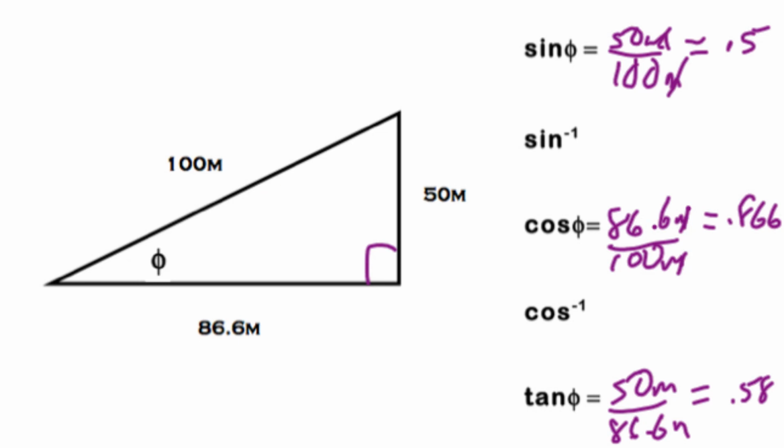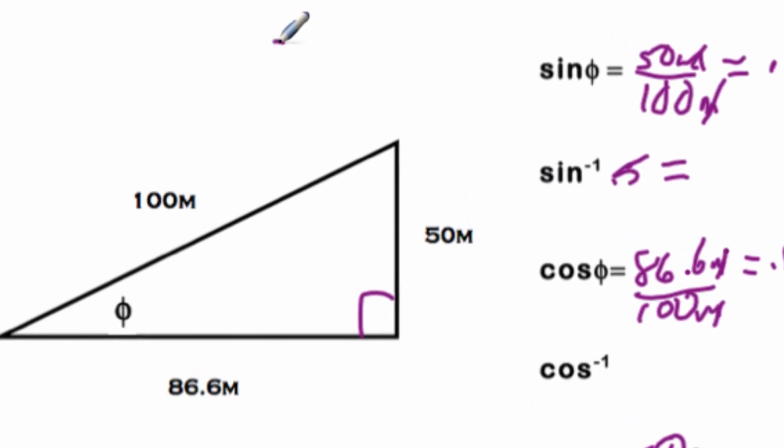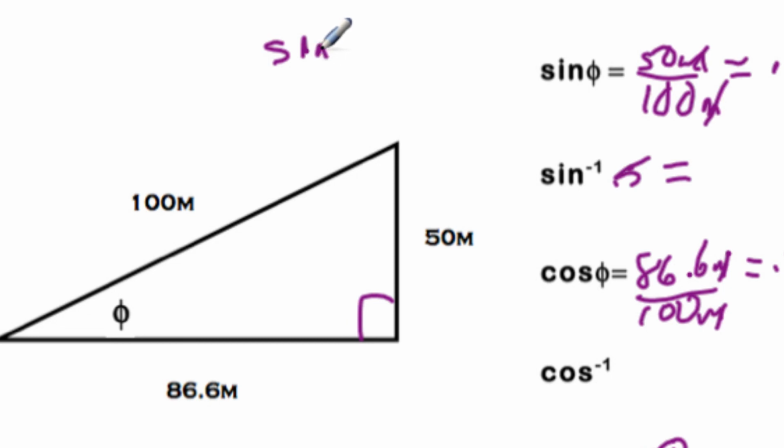If you know what the sine is, then you can say, let me undo that, and I will take the inverse function of the sine, called the arc sine. Look at this notation. I know it says sine minus 1. That means arc sine. It's not 1 over the sine. If we wanted 1 over the sine, we would have had to have said the sine of phi to the minus 1 power. But that's not what we have in this case.